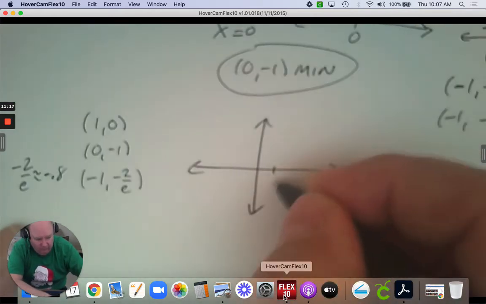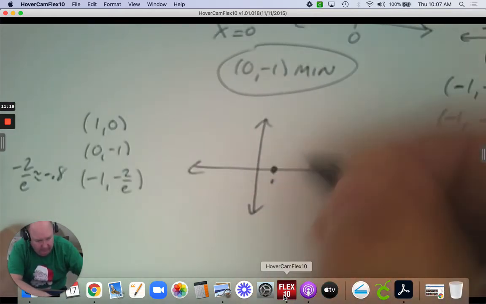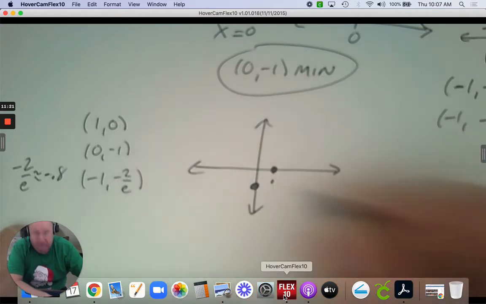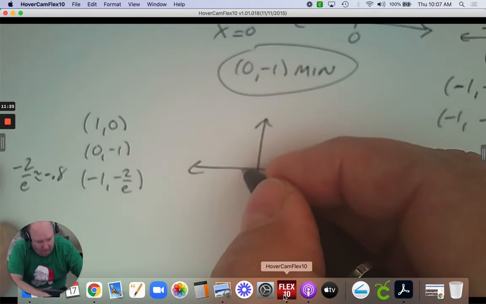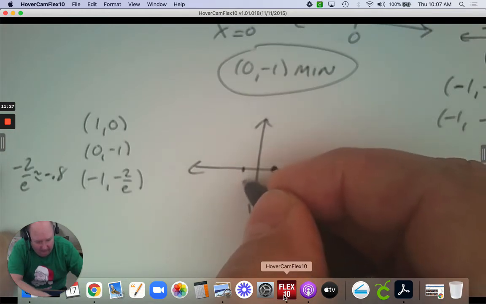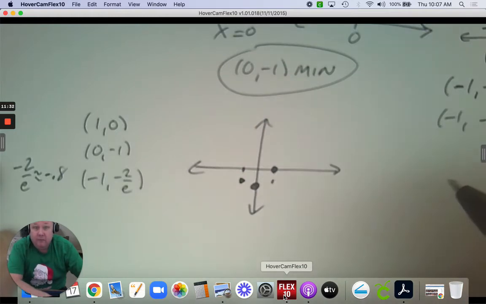So we have (1, 0), (0, -1), that's a minimum. And then at -1 and like -0.8, somewhere like there, that's going to be a point of inflection.